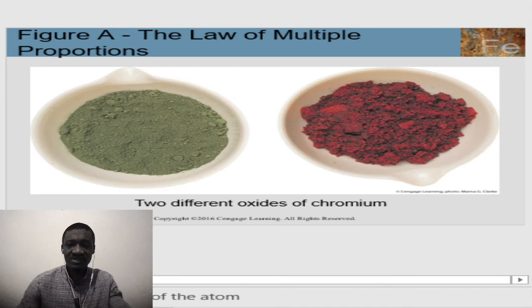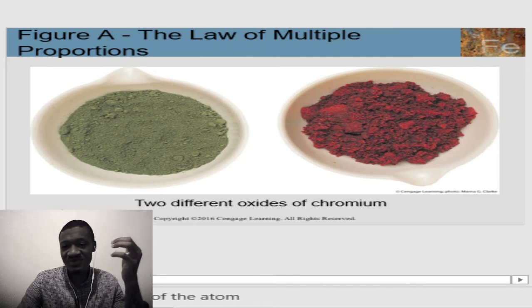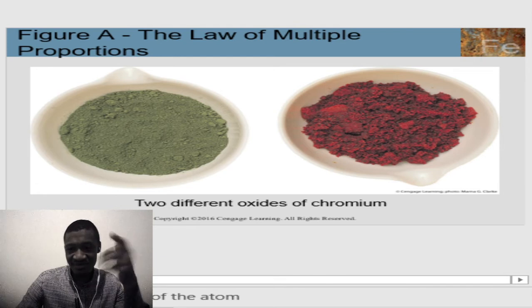So we have an example of two different oxides of chromium. Who can tell me what the symbol for chromium is? Okay, I can hear some people saying it and some people not knowing what it is.